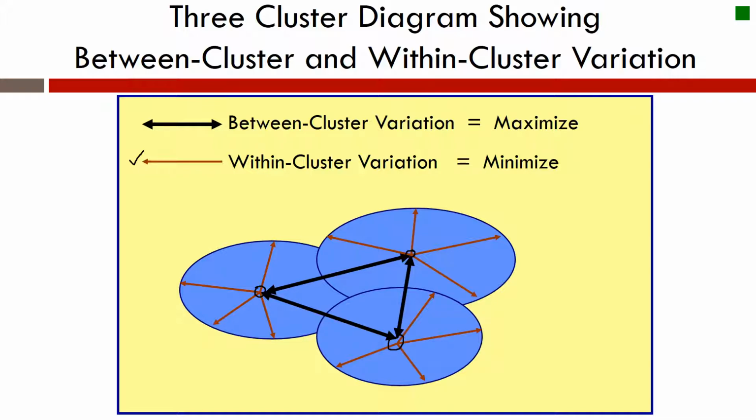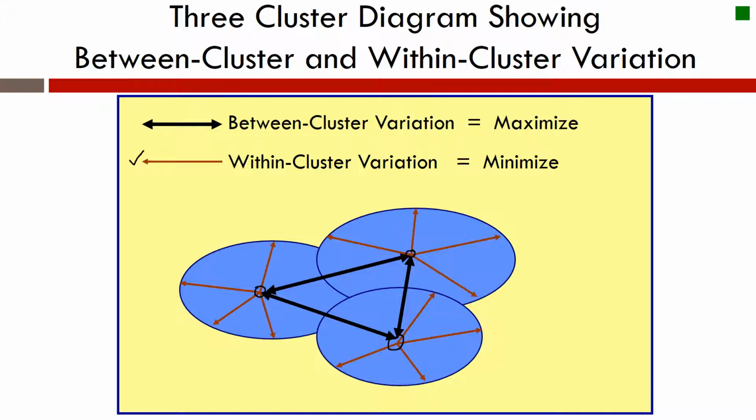And this distance or variation that the red lines represent, one of our objectives or goals here will be to reduce that as much as possible. We want our clusters to be as tight and well defined as possible, so the software will do this for us.